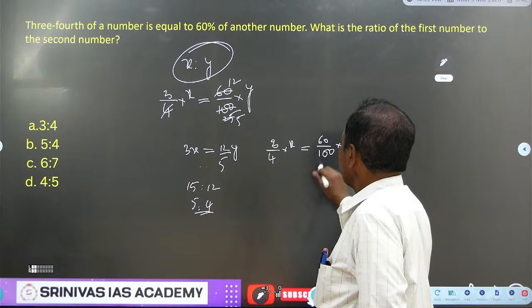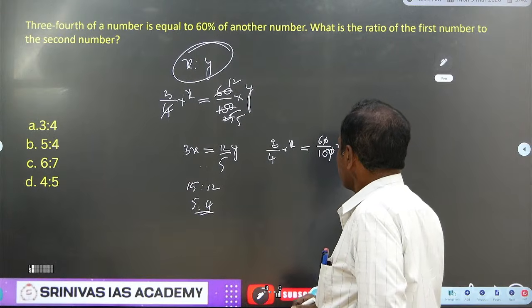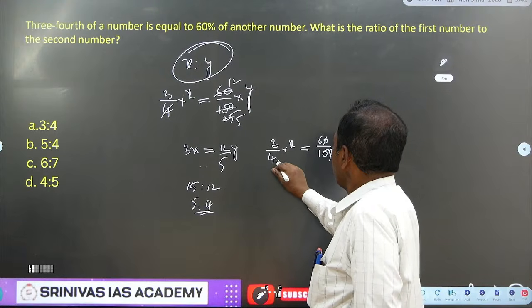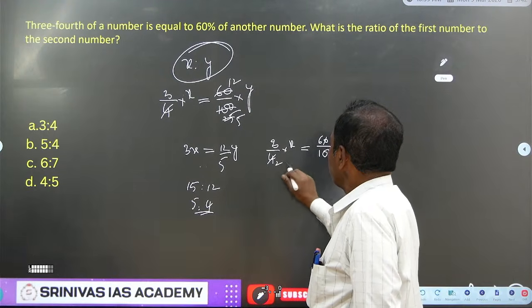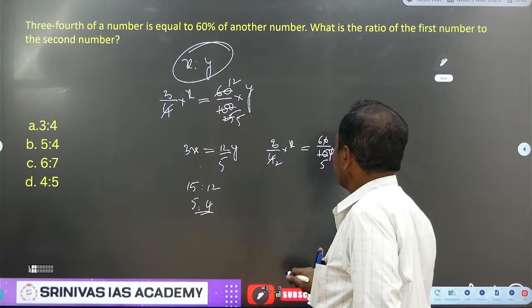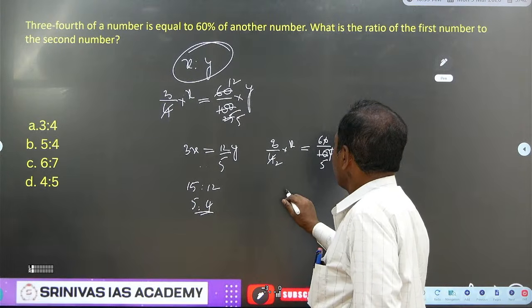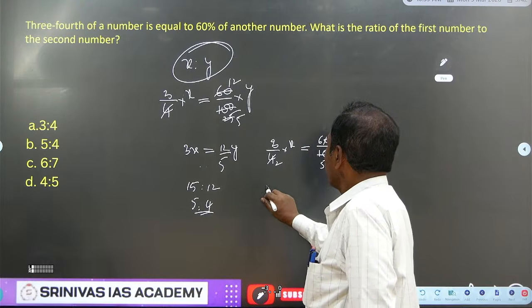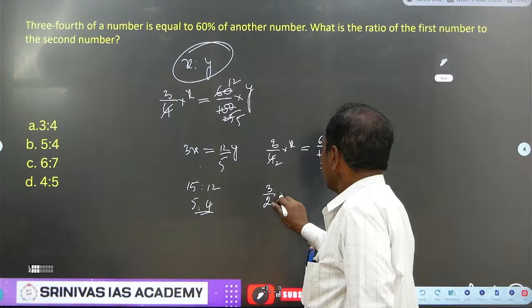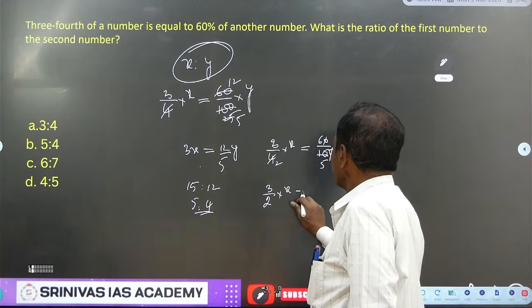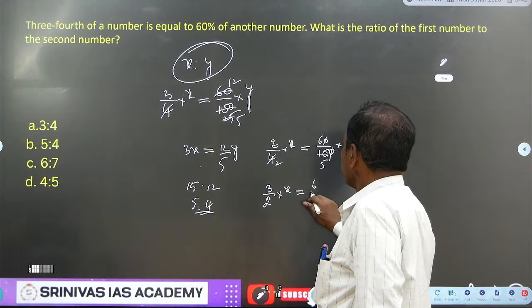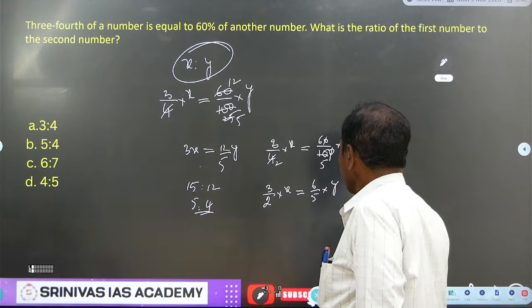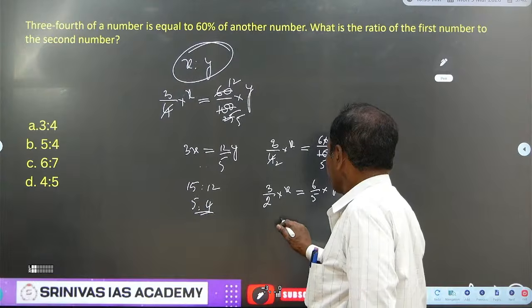What we can do: two twos are 4, two fives are 10, so you can take 3 by 2 into x is to 6 by 5 into y. Okay, let the x be here only.